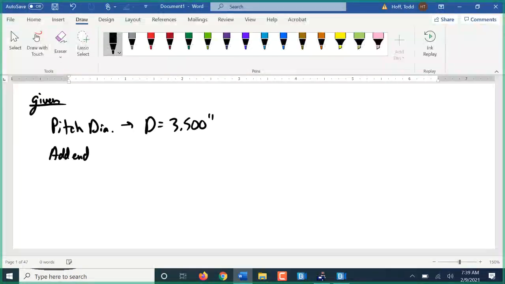The addendum, remember the addendum is that part from the pitch circle to the outer edge of the tooth, of 0.1818 inches. And we're asked to find the outer diameter, the outside diameter.